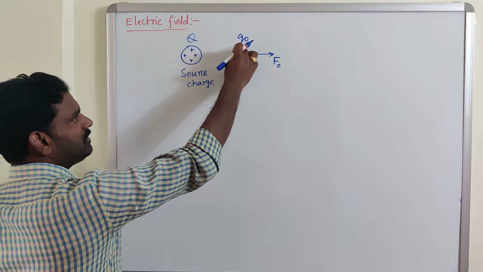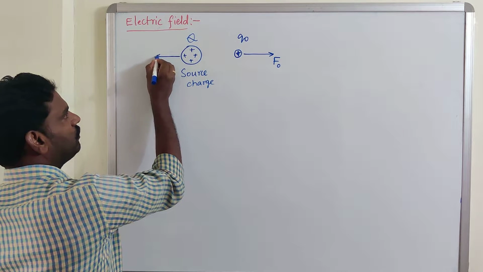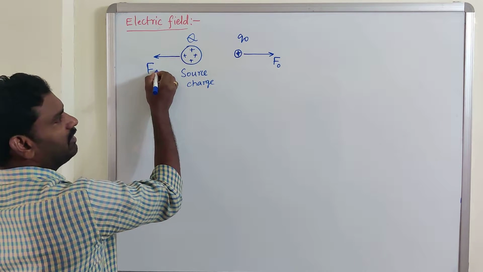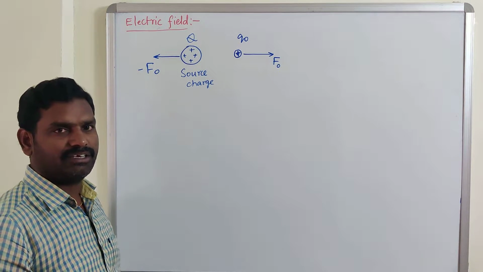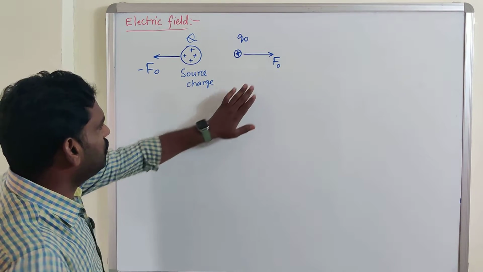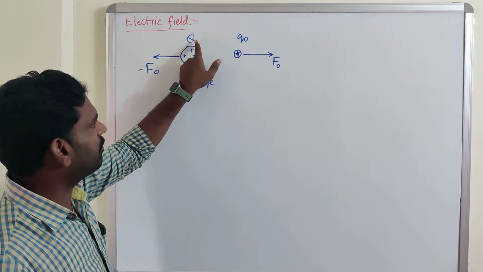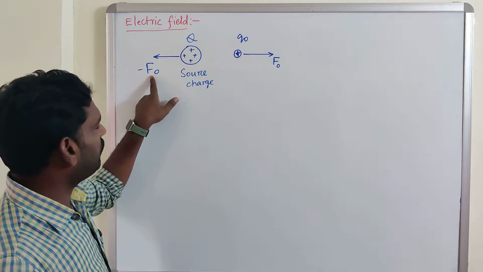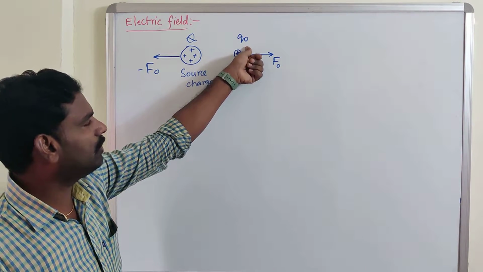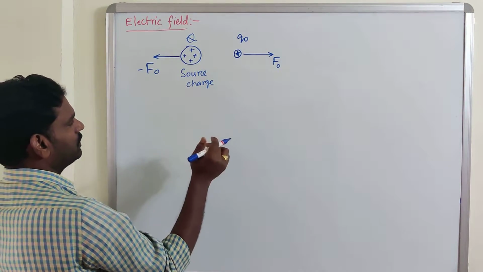This Q0 charge also exerts an equal and opposite force on capital Q, in this direction. This is minus F0. These two forces are equal and opposite. This force is the force exerted by capital Q on Q0, and this F naught is the force exerted by Q naught on capital Q.